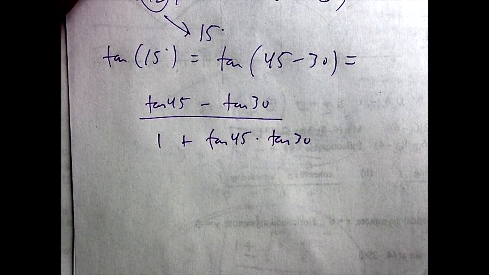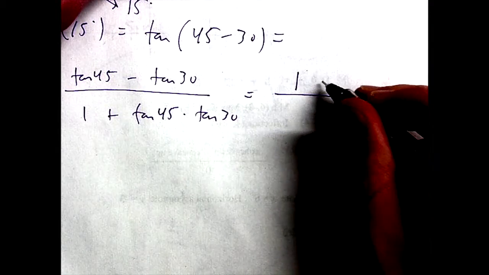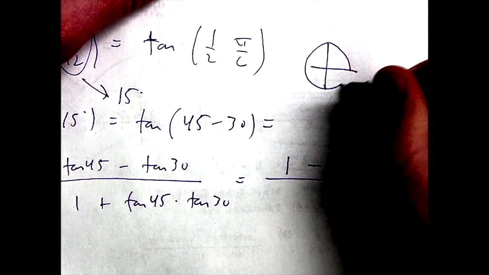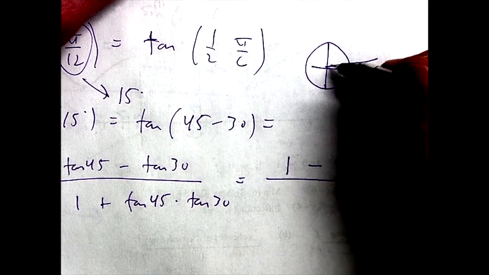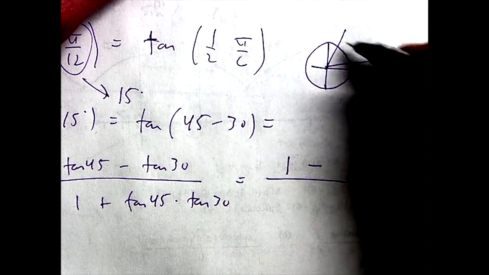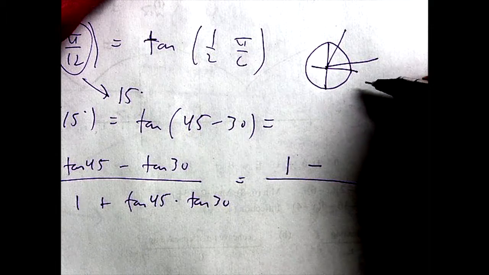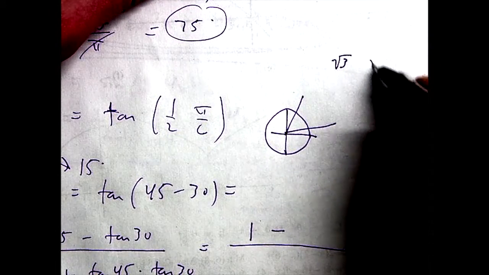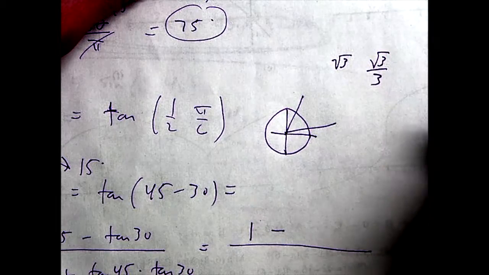So we have to evaluate all of these. Tan 45 is 1, minus tan 30 is, let me see, I can never remember whether it's root 3 or root 3 over 3. All I know is that between 30 and 60 degrees, one of them has a tangent of root 3, and the other has a tangent of root 3 over 3, and I can just never really remember which one is which.